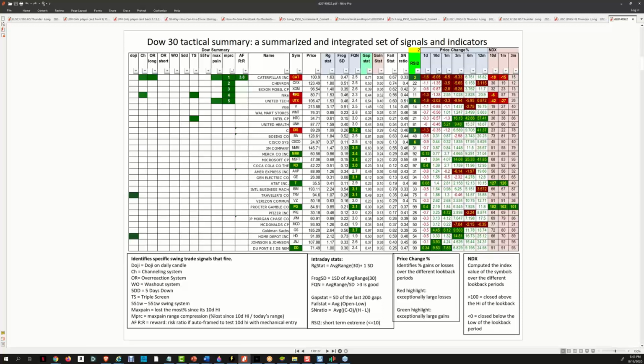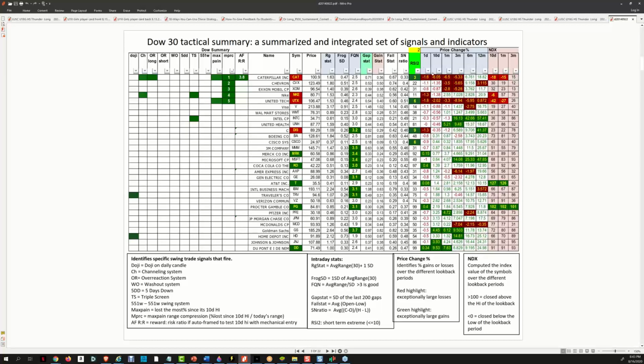The four symbols like that were Caterpillar, Nike, United Tech, and Disney. The five that outperformed, Merck, Coke, AT&T, Procter, and DuPont, were all more than one standard deviation above the Dow 30 average. So that's why their symbols are coded red. That's why the one-day price was coded red.